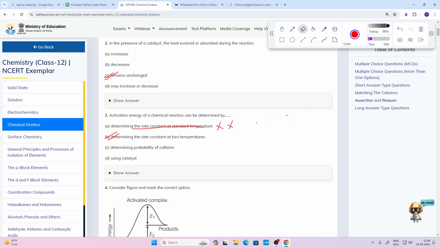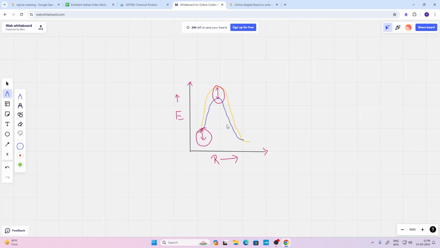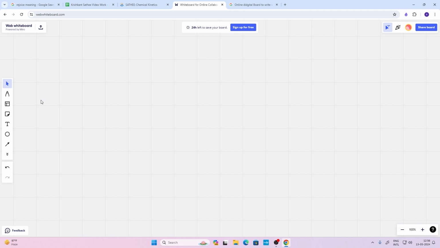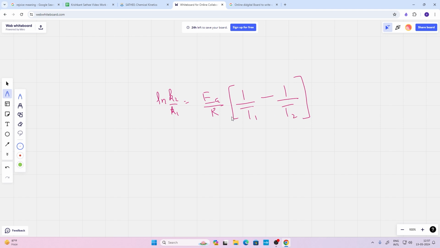If you remember, the Arrhenius equation for two different temperatures was ln K2 by K1 equals EA by R into 1 by T1 minus 1 by T2.